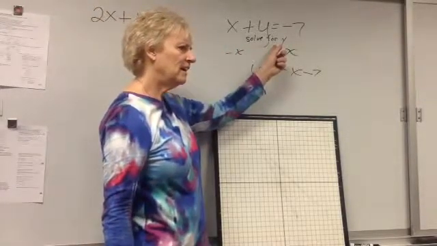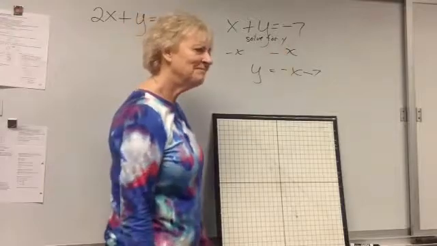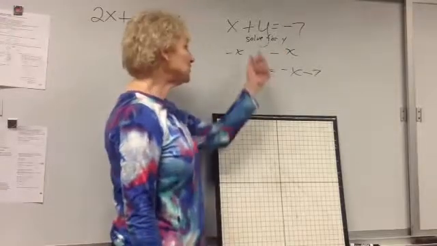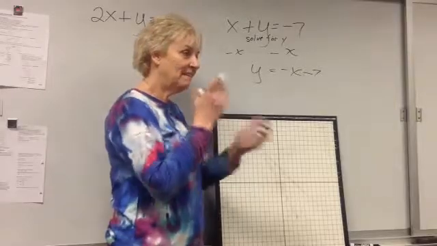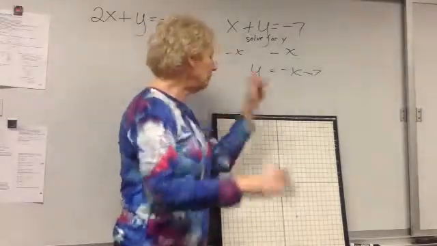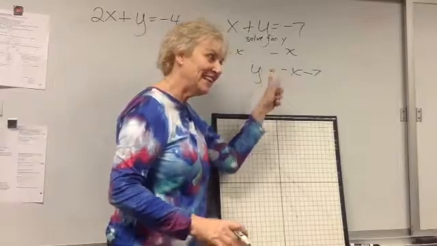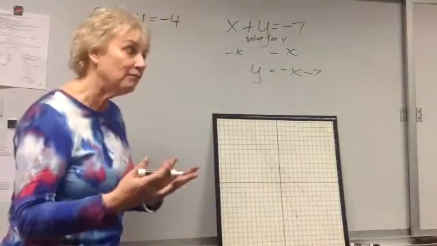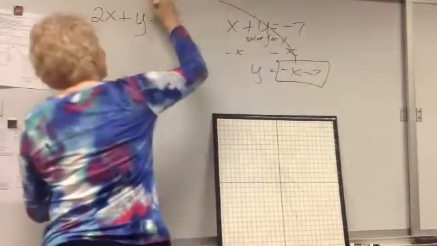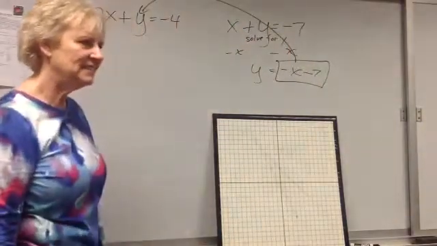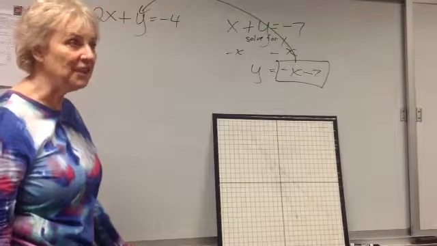Well, you have to solve for y before you do anything. You have to do this first. Oh, okay. If you have a variable by itself, then you can move it to the other one. Okay. That was the reason to do it.